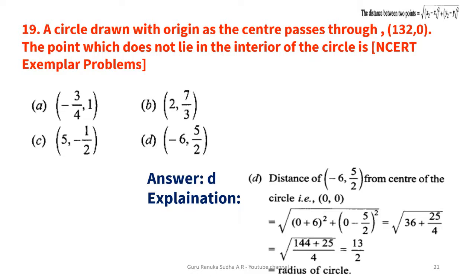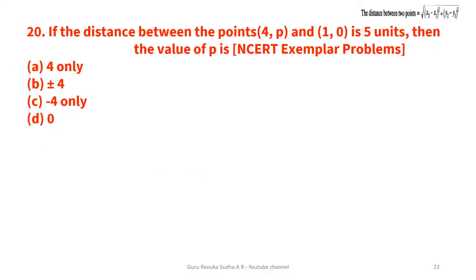20th problem. The distance between the 2 points given with coordinates (4, P) and (1, 0) is equal to 5 units. D is already given. So we have to find the value of P, whether it is 4, plus or minus 4, minus 4 only, or 0.